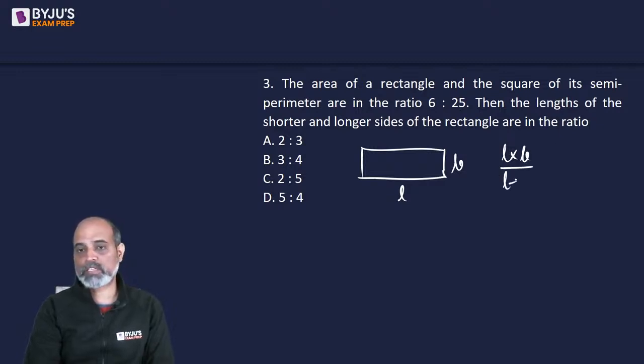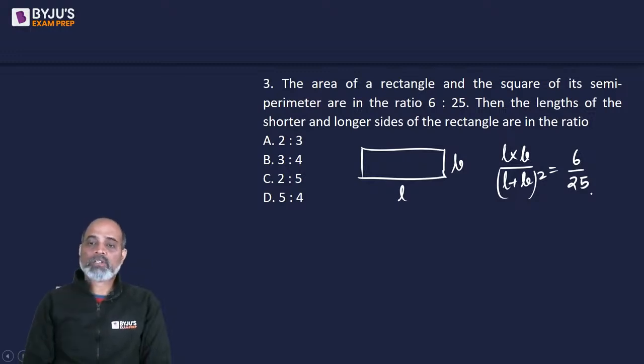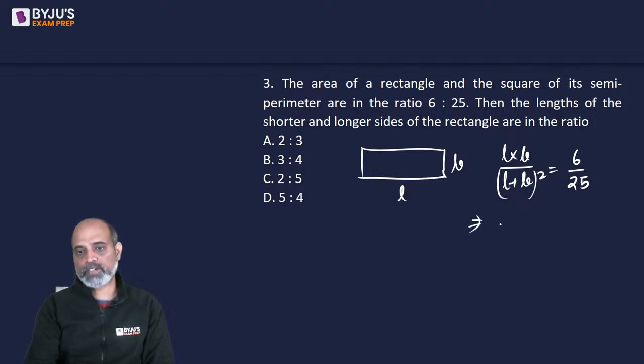The semi-perimeter is just L plus B, right? The ratio of L into B to the square of this is given as 6/25. So we can say from here that L into B divided by L plus B is going to be 6/5.